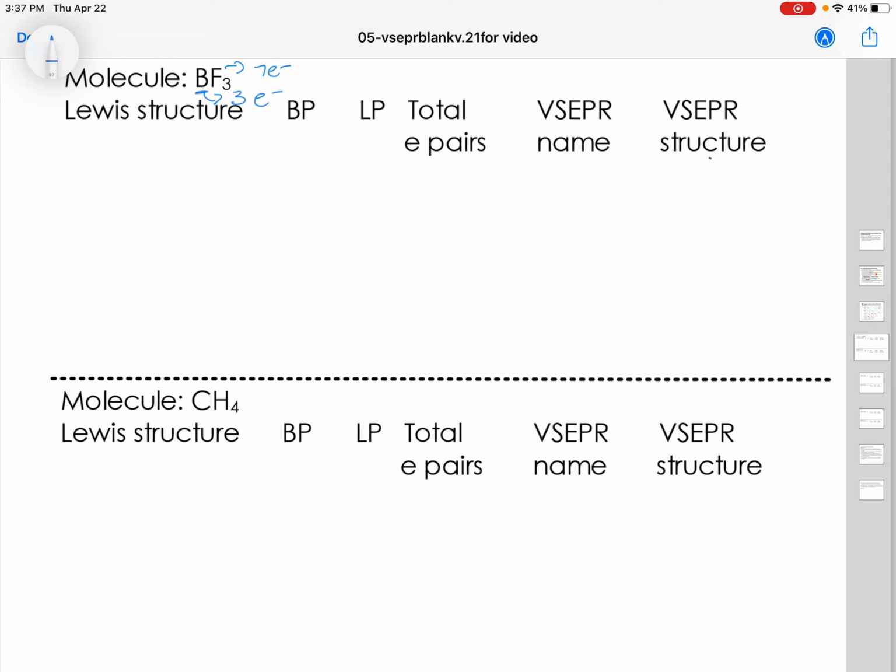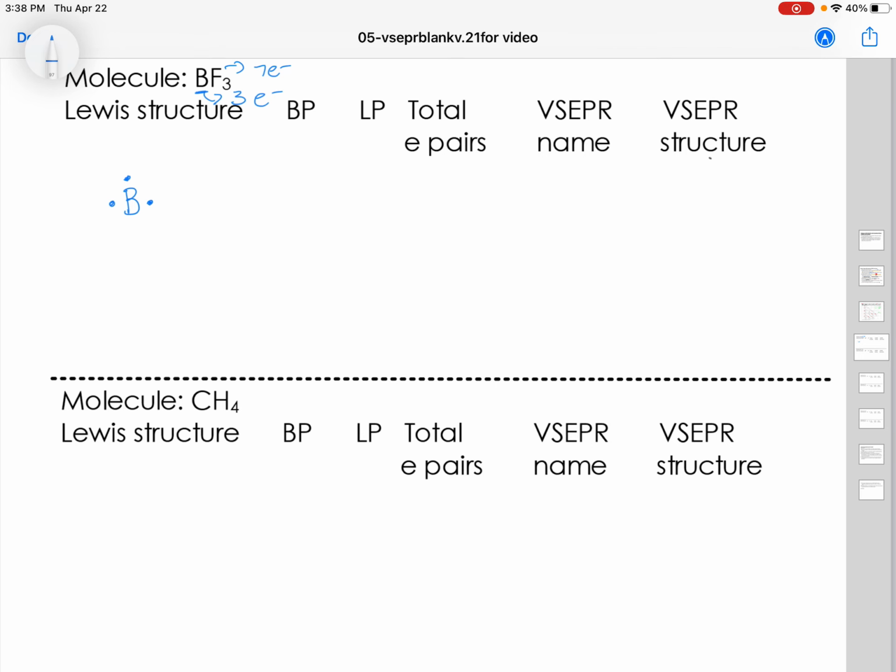The central atom is the atom that's written first. We talked about that in the review lesson. And so boron has 3 bonds, and then fluorine has 7.